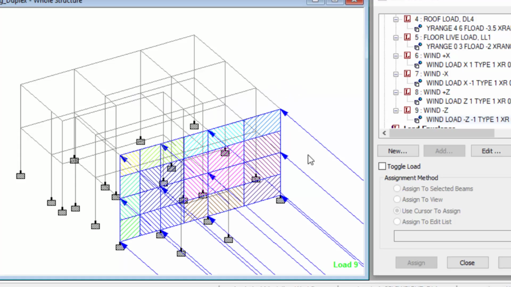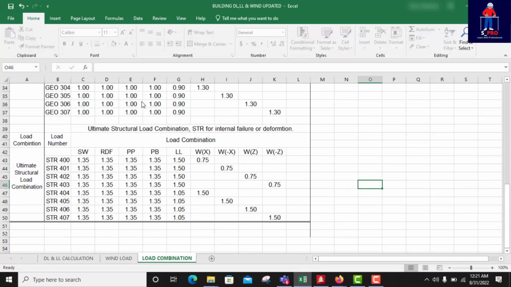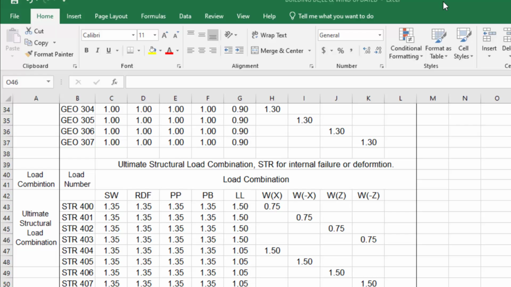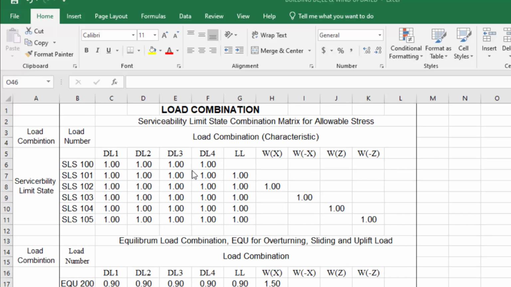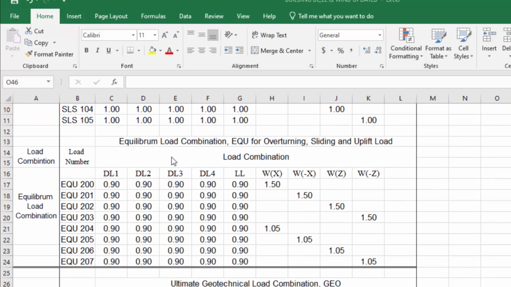Okay, so I will now take you to my Excel sheet where I did my combination. It's going to be in 4 categories as specified in Eurocode. The first one is serviceability limit state combination matrix for allowable stress, the SLS combination. We also have equilibrium combination for overturning, sliding, and uplift load.